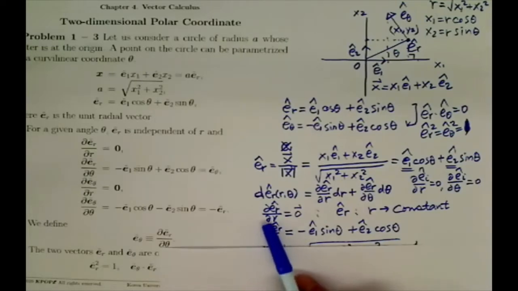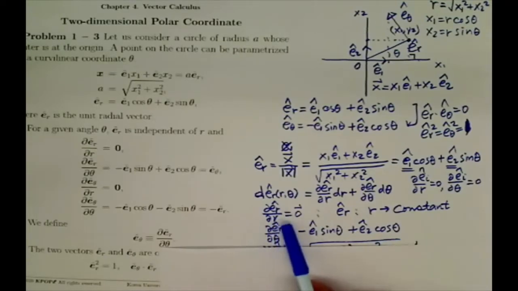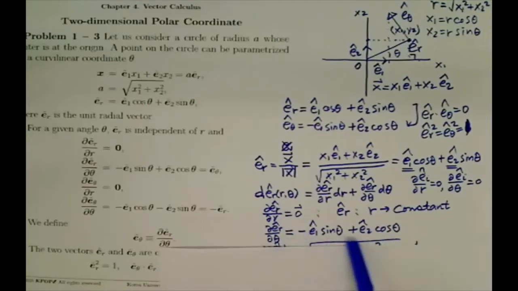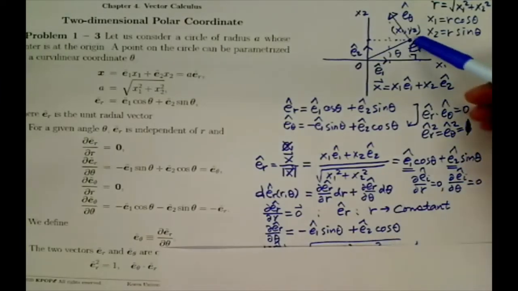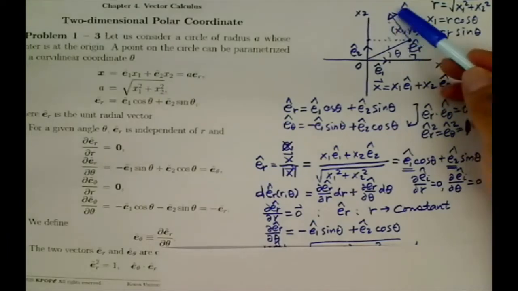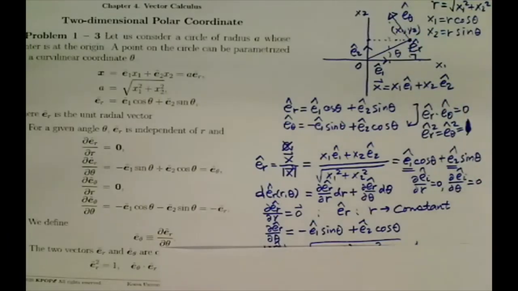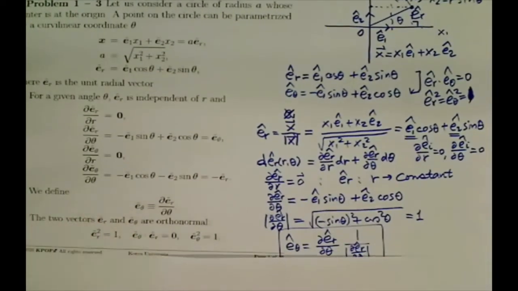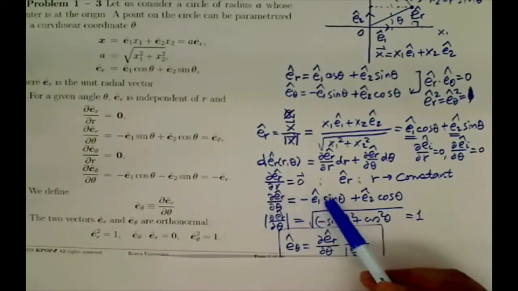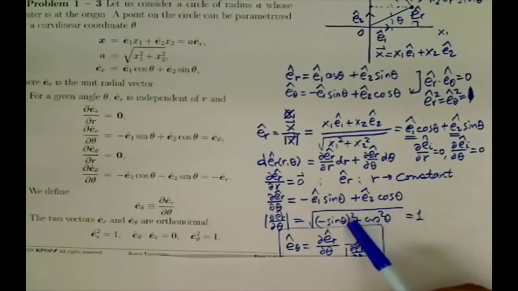So if I take the partial derivative of er with respect to theta, what I obtain is the vector along the direction of increasing theta. It is manifest that the magnitude of this vector is unity, because of the Pythagorean theorem, we have 1.